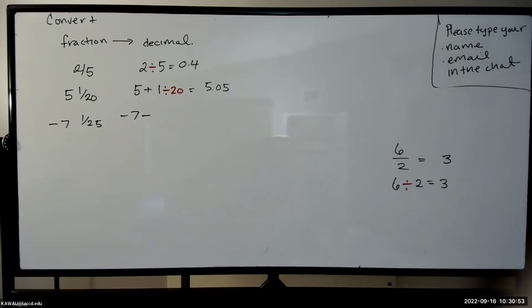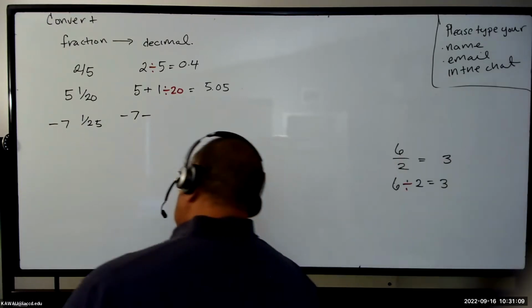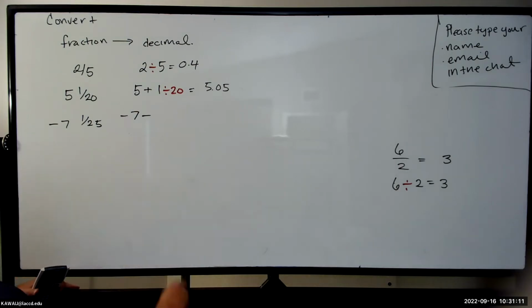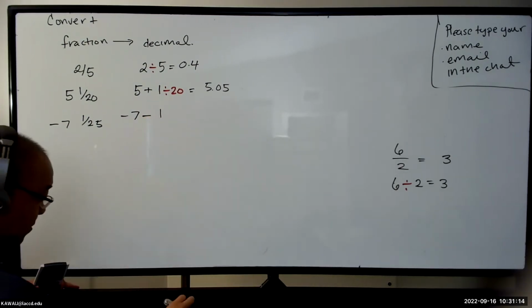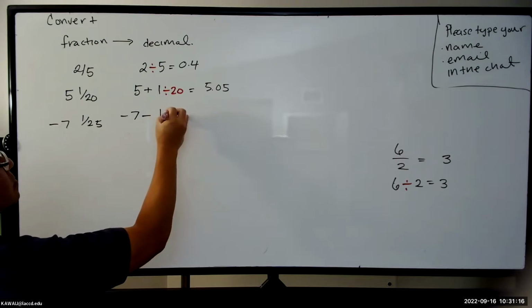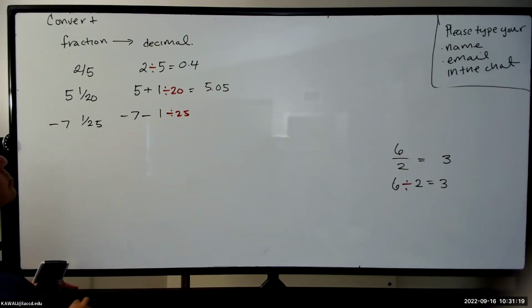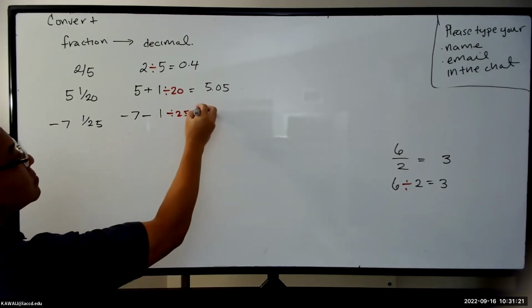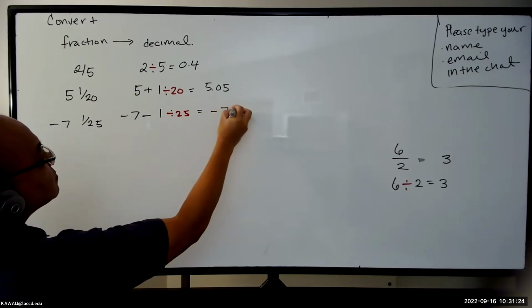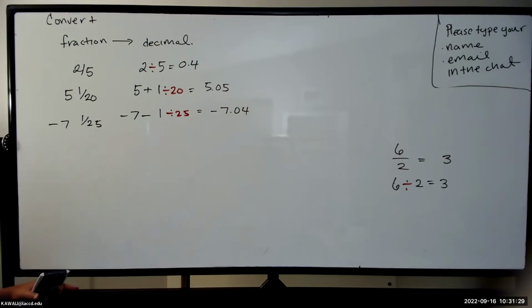And the integer part, you just copy over. 0.004 like this. Okay.